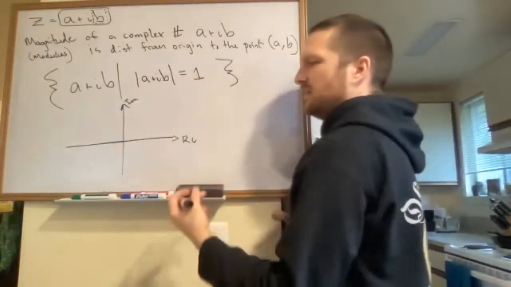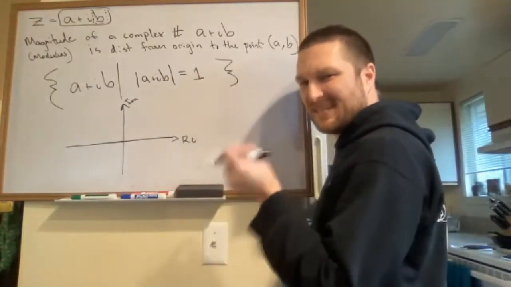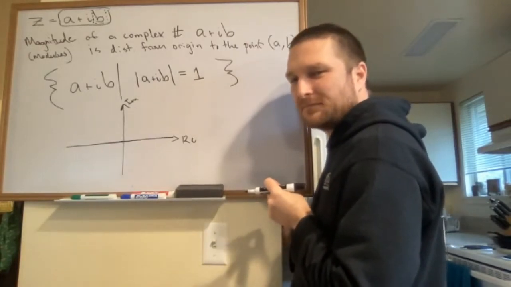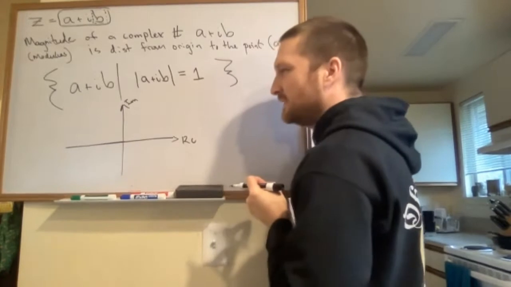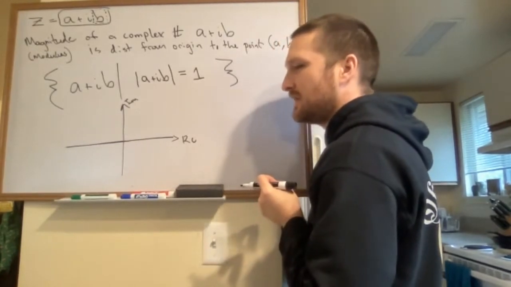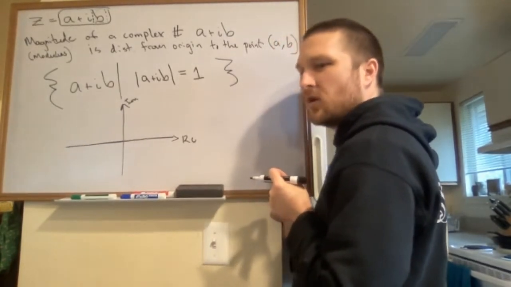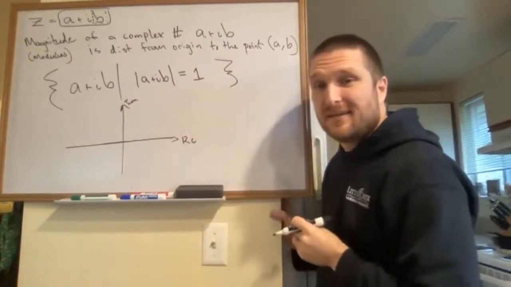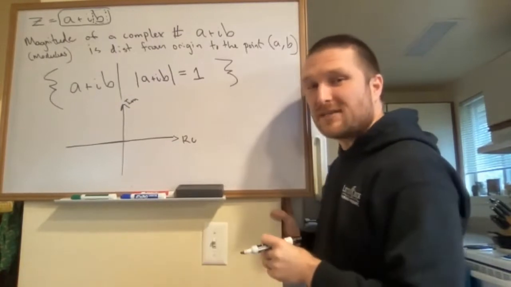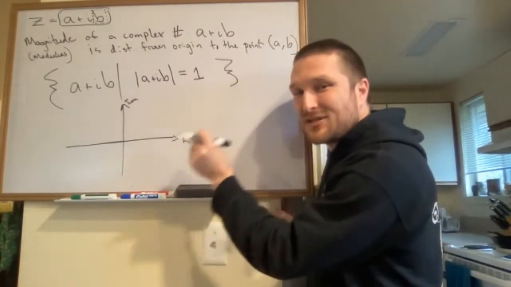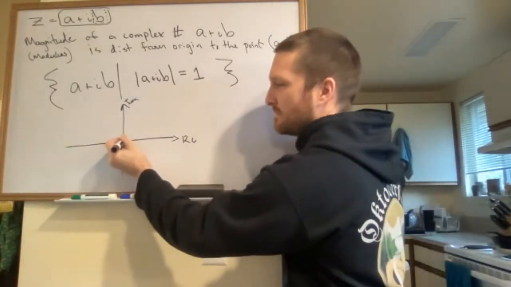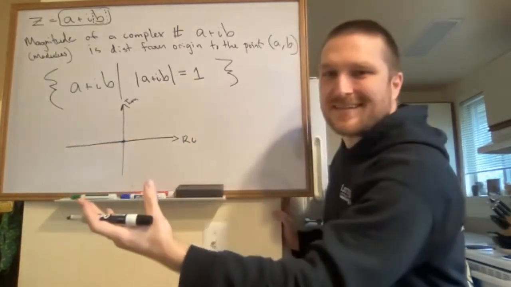What is this object? A mathematical object, the set of all points that are equidistant to a central point. A circle. Exactly.